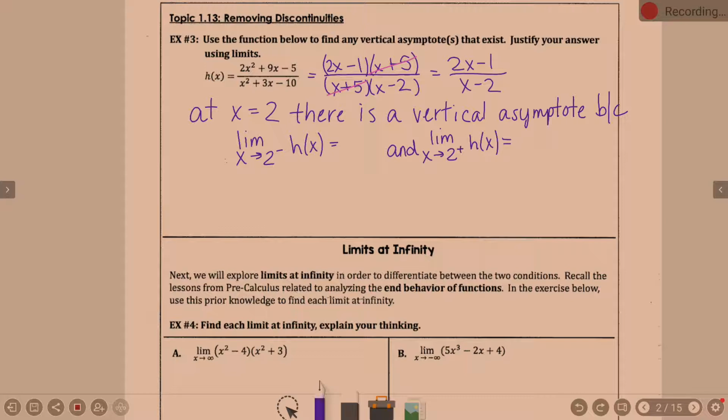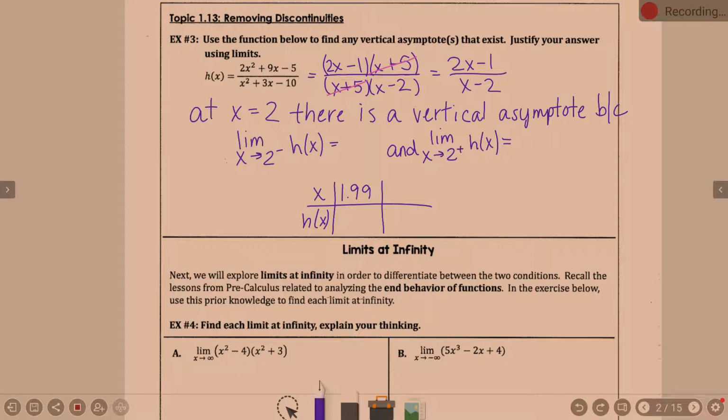If I'm going to set up a little chart here, I'll use 2 from the left. It's not even about the numbers precisely, is it? It's about signs. Because we know it's a vertical asymptote. We know it's either positive or negative infinity.